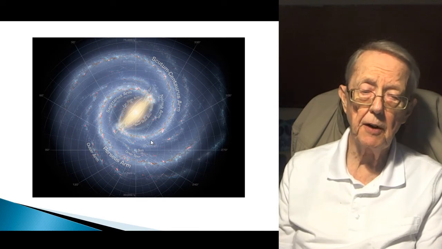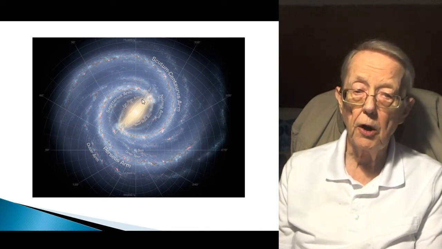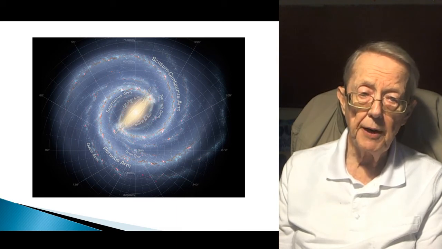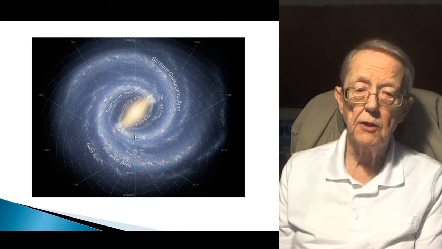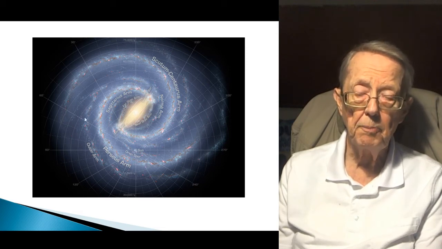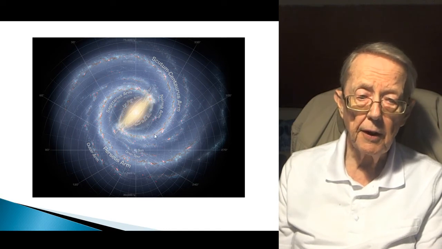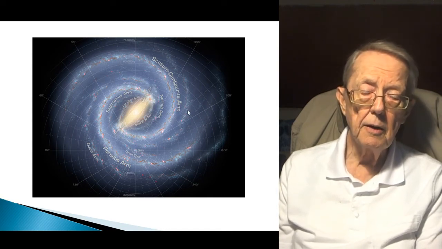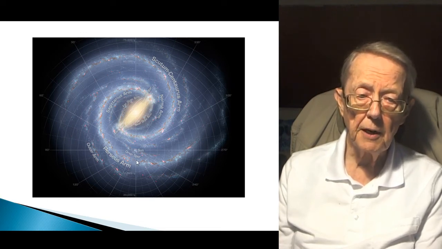In this picture of our galaxy, the yellow part is the core, and coming off of one edge of the core is one major arm, and coming off the other edge of the core is another major arm. We have minor arms in between, but for the analysis I'm going to only concentrate on the core, the first arm, and the second arm.